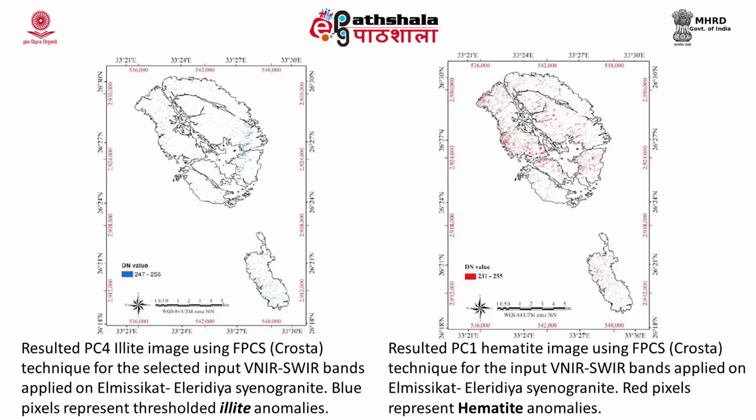In this picture the same method has been applied. You can see the illite and the hematite. Illite is in blue color in the left side picture, the PC4 illite image, and the right side picture is the hematite anomaly. Hematite is given in red color.